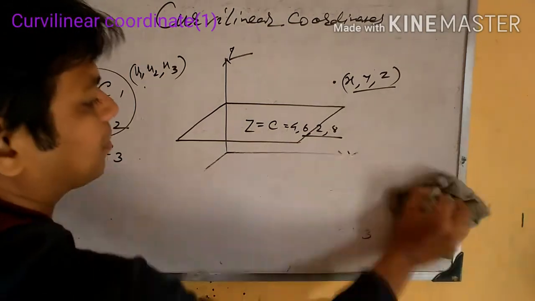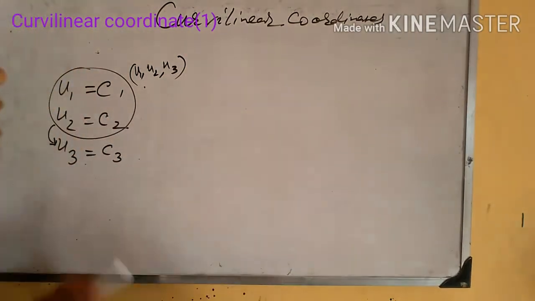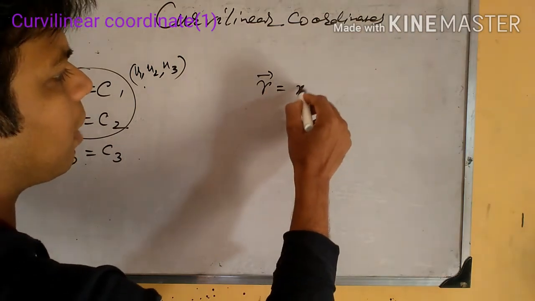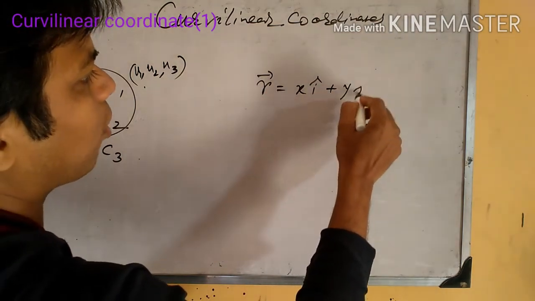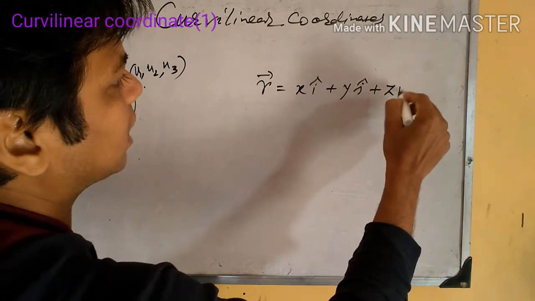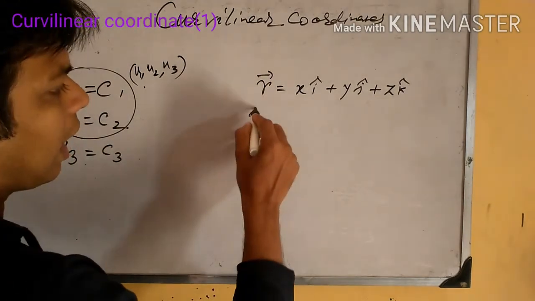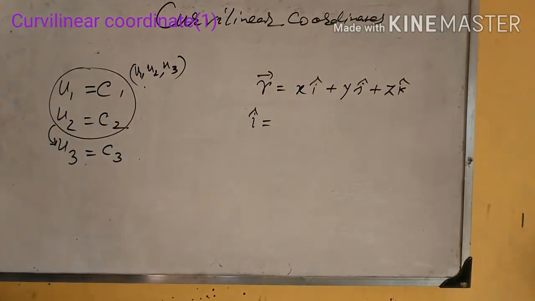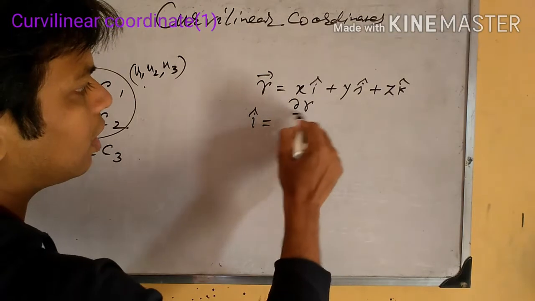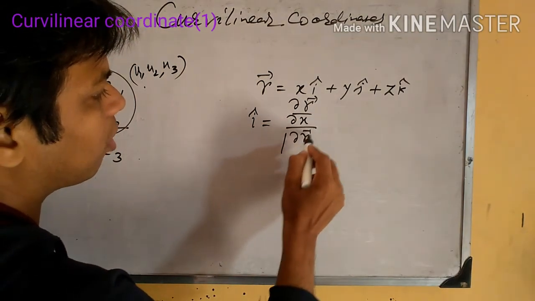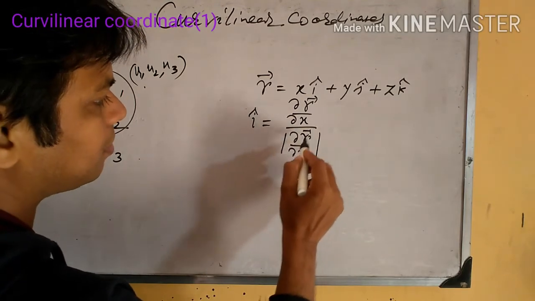Now, in the Cartesian coordinate system, the position vector of a particle is x i cap, y j cap and z k cap. Here i cap is equal to del r by del x divided by the mod of del r by del x.